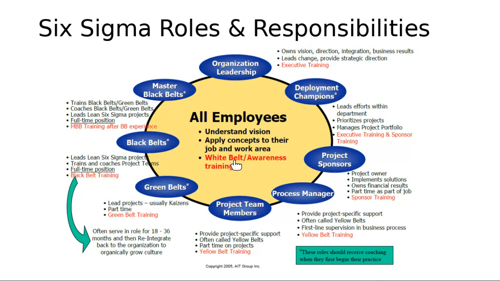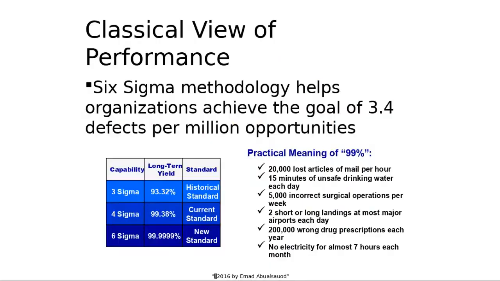So you can say that after you finish this course, you are aware of Six Sigma and you have the white belt level, even though it's not certified, because you have already covered the material about Six Sigma. They apply the concept to their job, and they understand the vision of the projects that are going to be implemented in the organization.